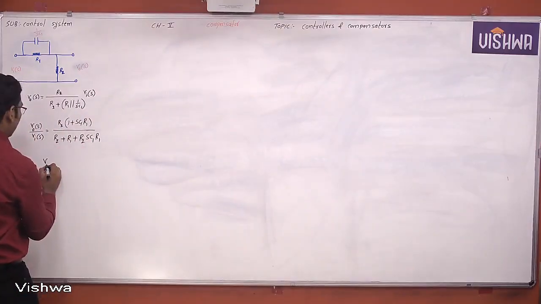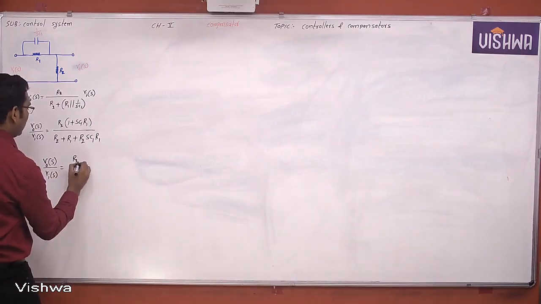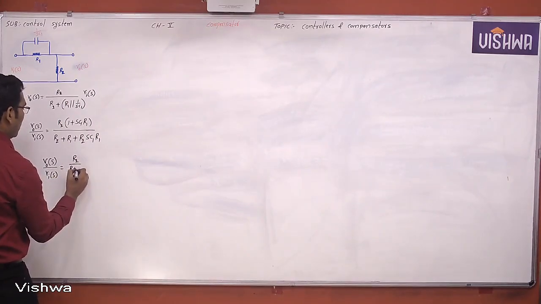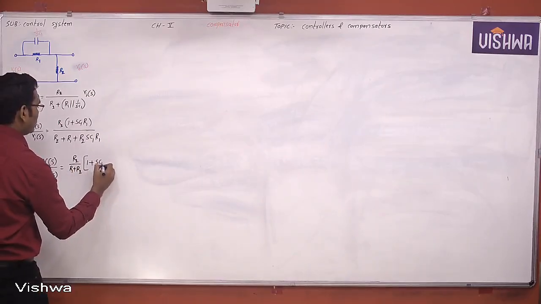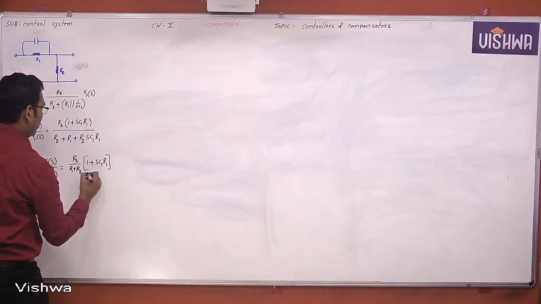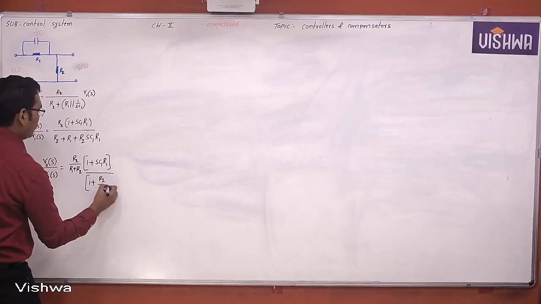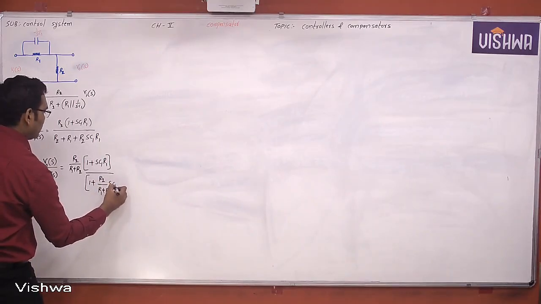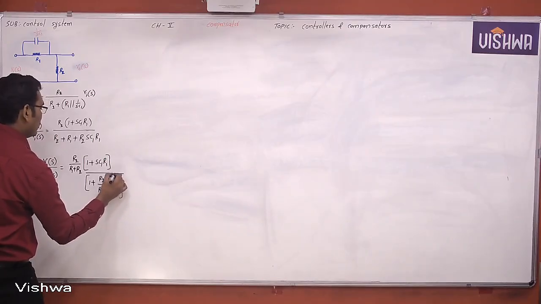So in the denominator, if I take R1 plus R2 as common, Vo(s) by Vi(s) is R2 by (R1 plus R2), into (1 plus SC1R1) divided by (1 plus R2 by (R1 plus R2) into SC1R1). Now this is the transfer function.